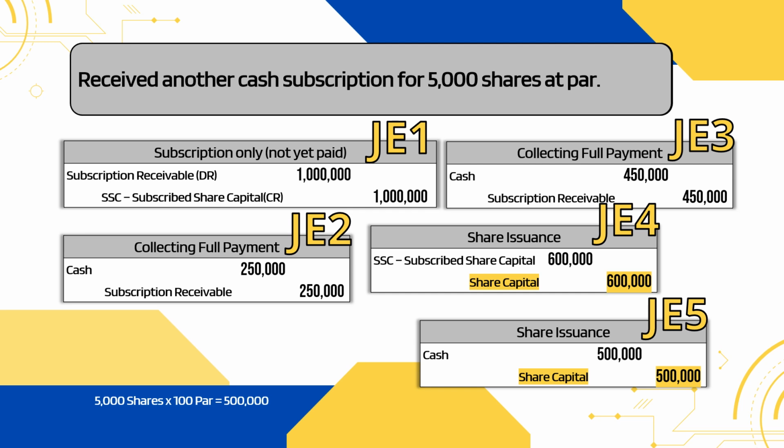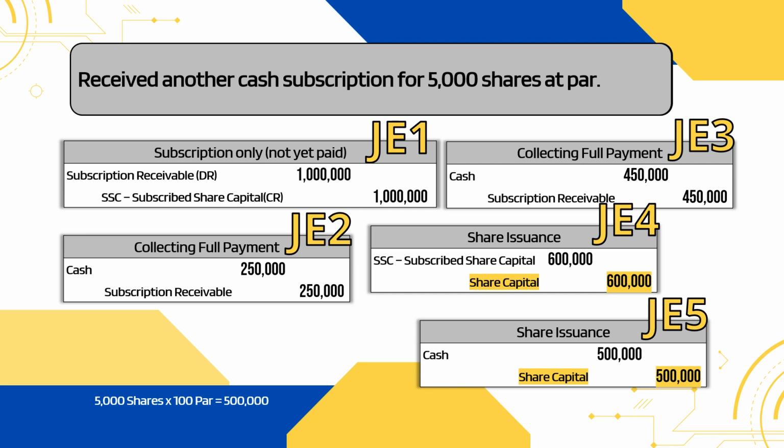So kindly note, these 4 journal entries refer to the 10,000 subscribed shares. You only had a complication in terms of how they are able to pay the subscription receivable. Journal entry 5 refers to an extra 5,000 shares. So at this point, you have 11,000 shares that are already fully paid and issued, and then you have the remaining 4,000 that's partially paid and still just subscribed.